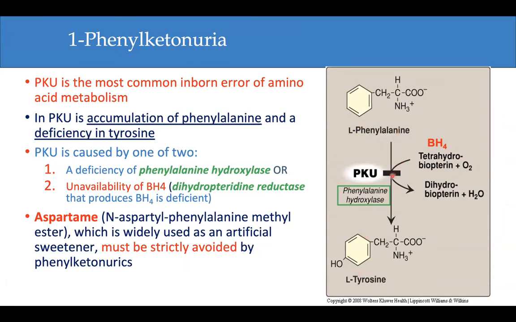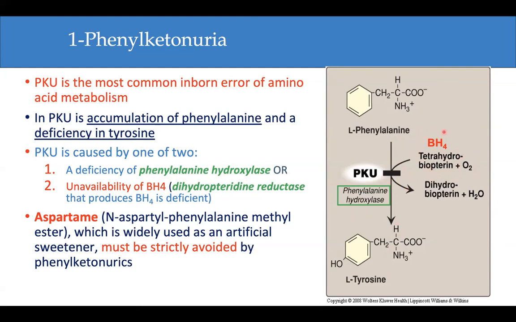But this process can also be affected if there's a deficiency in BH4. Unavailability of BH4 can also prevent this reaction from occurring. So you're looking at deficiencies of 2 possible enzymes here. One is phenylalanine hydroxylase, and the second is the enzyme that produces BH4, known as dihydropteridine reductase.